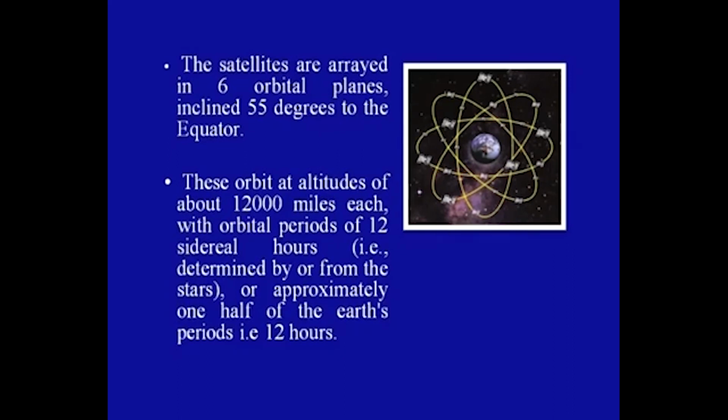These orbits are at an altitude of about 12,000 miles each, with orbital periods of 24 sidereal hours, that is a time which is based on star computations and is required for precise matching with the Earth's orbit cycle system. However, it may be noted that this is approximately half the Earth's period, that is 24 hours.